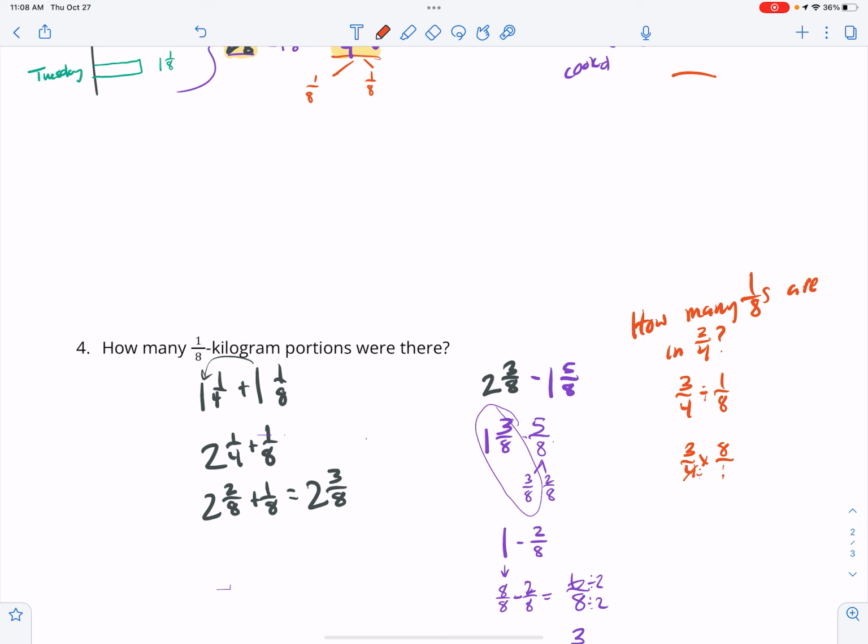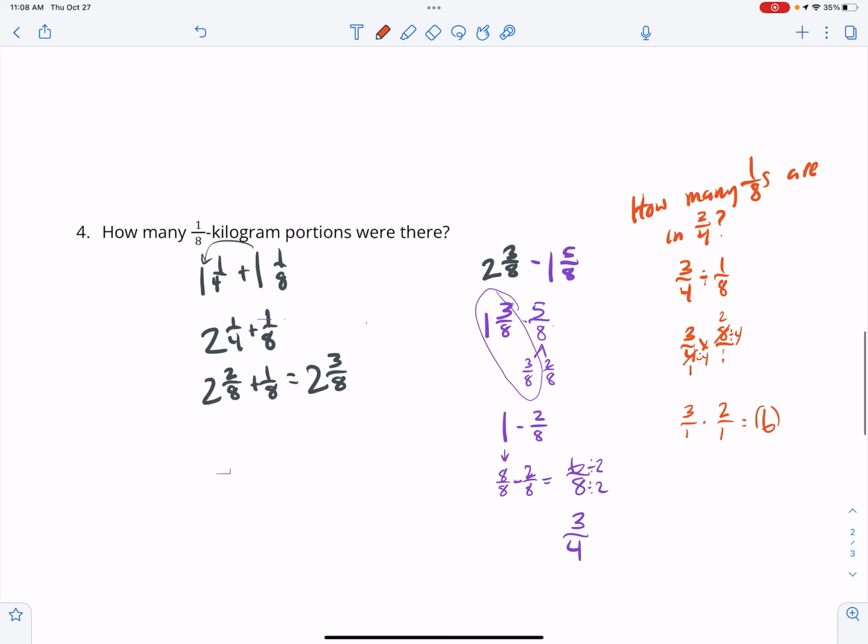I am going to simplify by dividing by 4. And rewrite. Looks like I need to restart my iPad. But we are left with 3/1 times 2/1, which is equal to 6. So there were 6 1/8 kilogram portions.